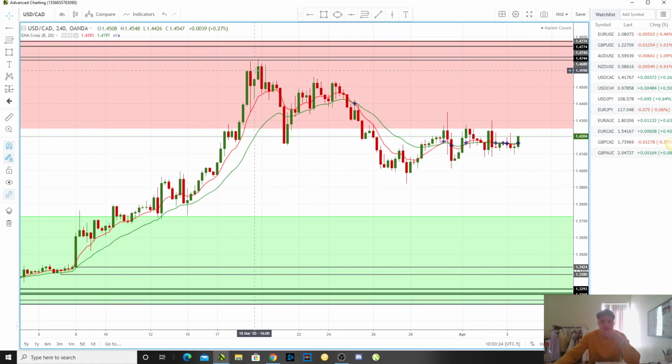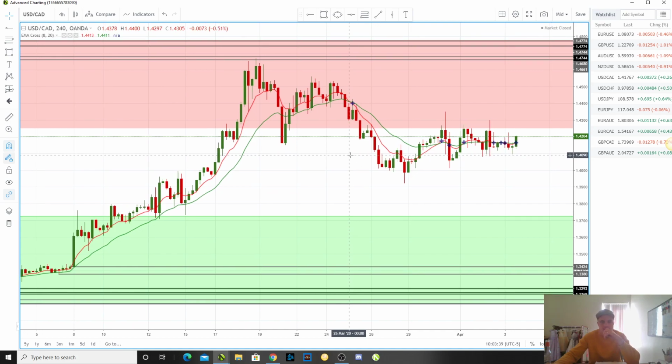So yeah, here's an example. You got that touched into the zone, kind of fell away. Cross there. There's the trade. Stop above there. 1-to-1, it would have hit target 1. Well, this is the cat. I was trading this actually last week. I was trying to get this cross.